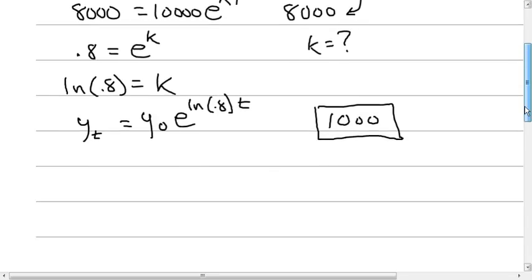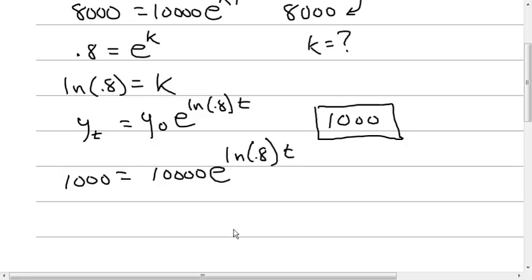Well, we can do that and just say 1,000, because that's our critical point, is equal to 10,000, the initial population size, times e to the log of 0.8 t. Okay, we bring the 10,000 over and we get 0.1 is equal to e to the log 0.8 t.